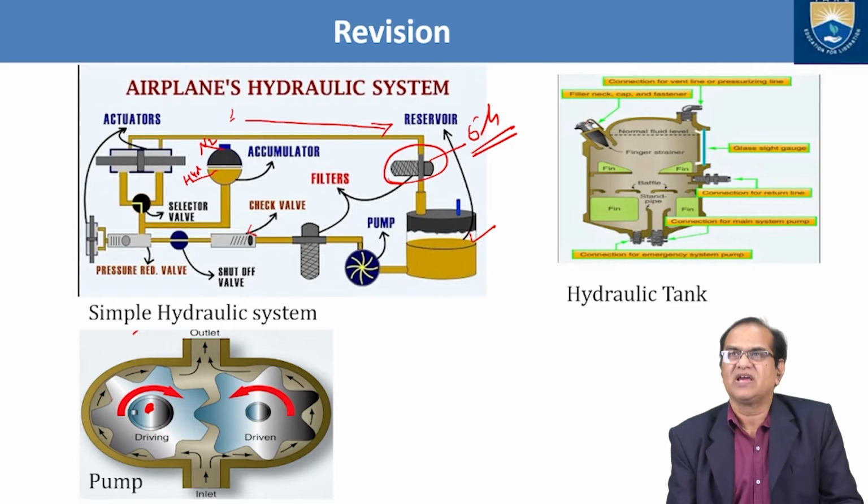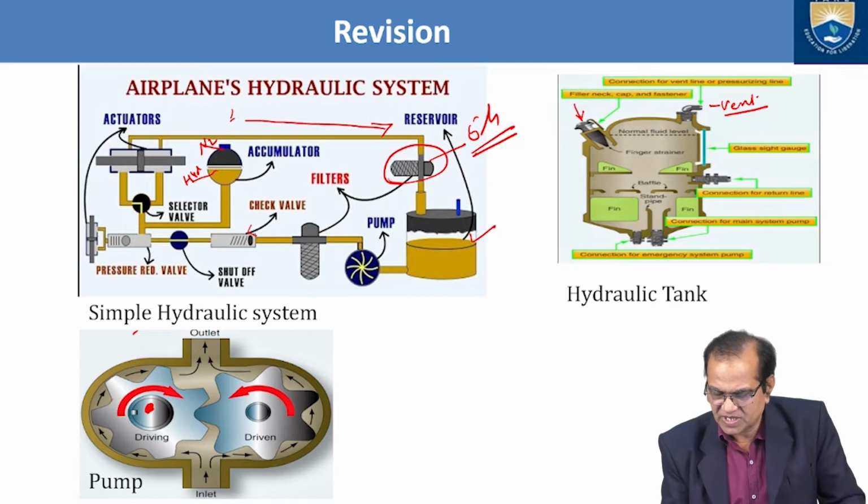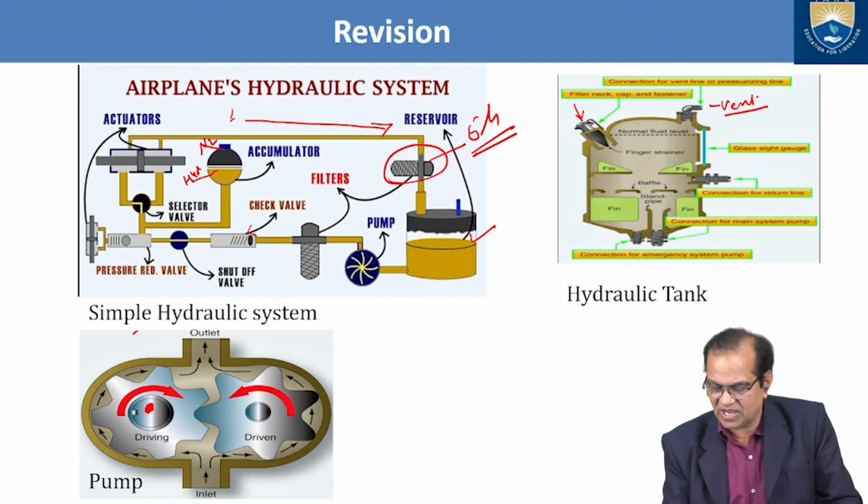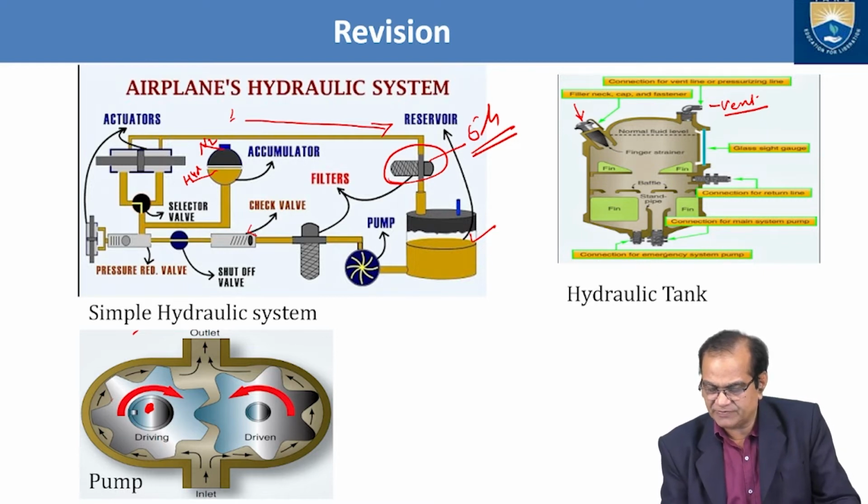Here we have one filler cap. From here the hydraulic fluid is entering, and from here it is a vent. So if any air particles are there, they will go out from here. Here is a finger strainer, a very small strainer also. So bigger particles will be accumulated here, and then here we have the connection for the emergency system pump, and then the connection for the main system pump.